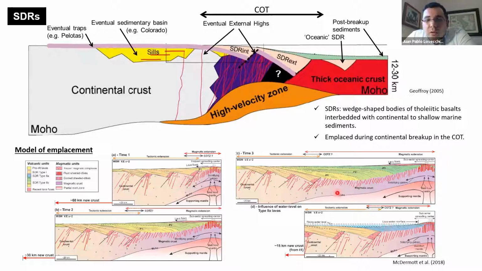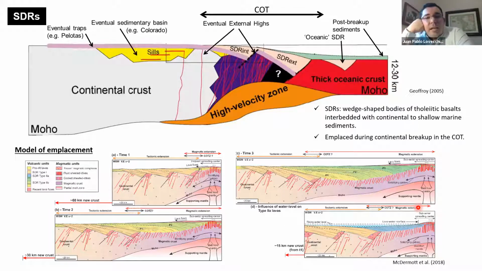So the rest of the SDRs are normally formed in subaerial or very, very shallow marine conditions, while normal oceanic crust develops at a determined water depth that's necessary to produce normal oceanic crust with all these columnar basalts, pillow lavas, etc.